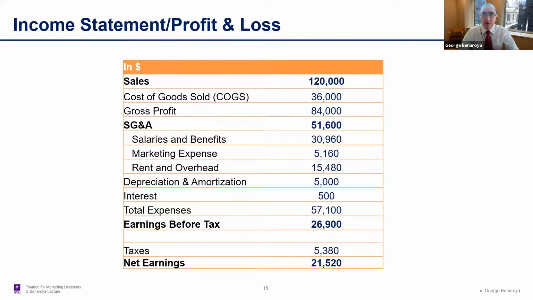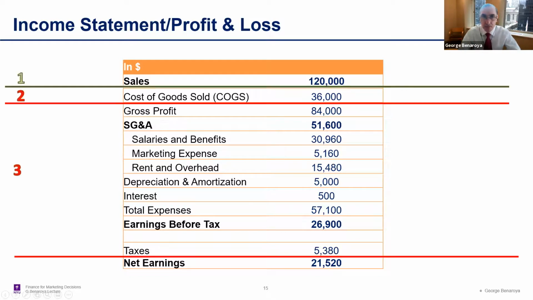Now, based on the Excel file that is provided with this deck, you will automatically have populated this profit and loss or income statement, which is quite easy to read. It has all the different lines. There's also a bit more detail here for sales, all the way to net earnings with all the transactions that we have made before.